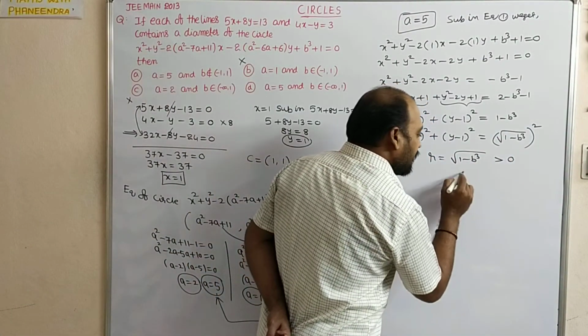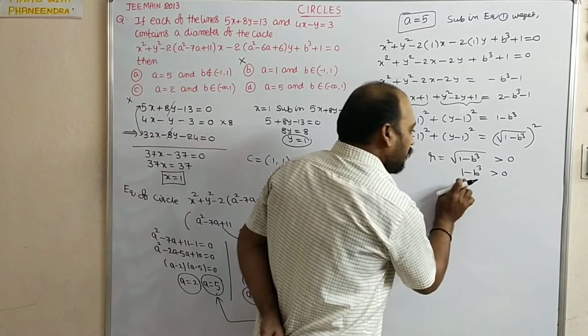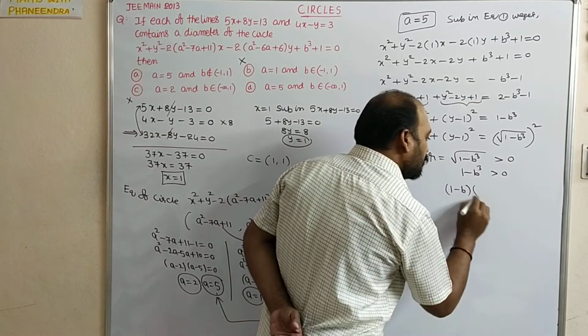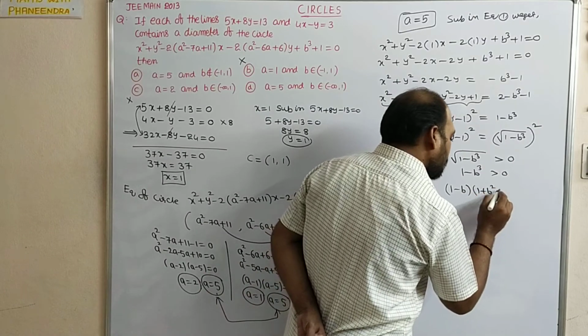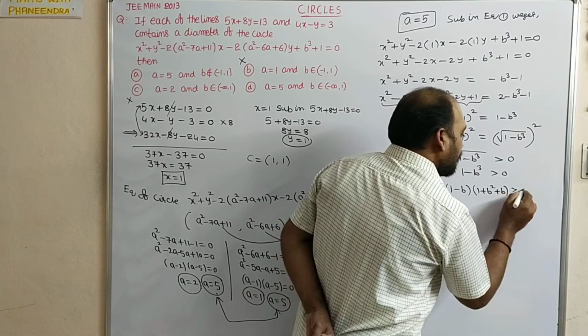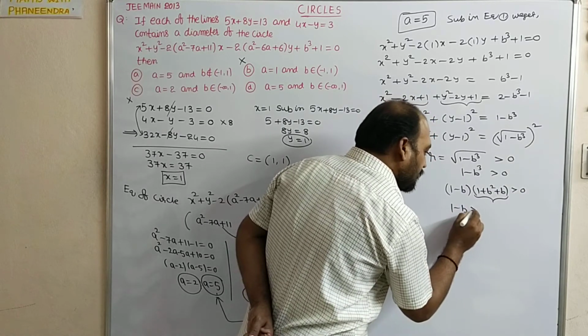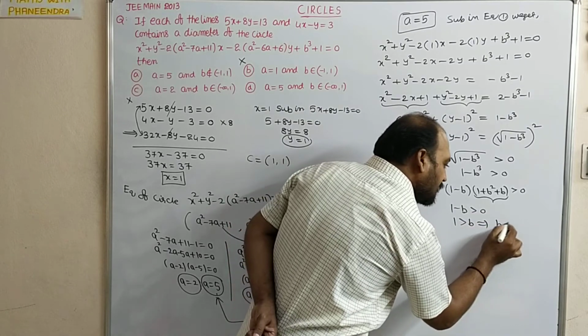So whenever the root value is greater than 0, 1 minus b cube is also greater than 0. So now 1 cube minus b cube, we can write it as 1 minus b into 1 plus b square plus b, using the a cube minus b cube formula. The second factor is greater than 0 obviously for any value of b. So 1 minus b is greater than 0, so 1 is greater than b. That implies that b is less than 1.